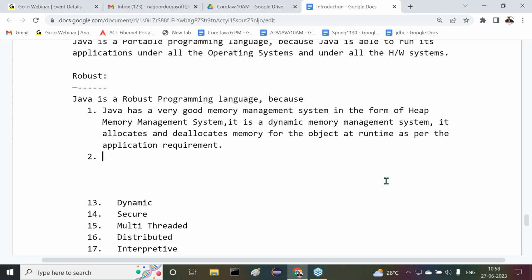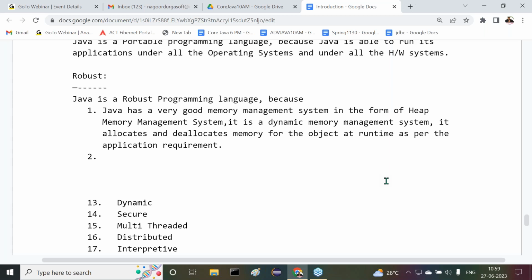Not only that, Java has provided a path to define your own exceptions as per our requirement, if you have any customizations over these exceptions.